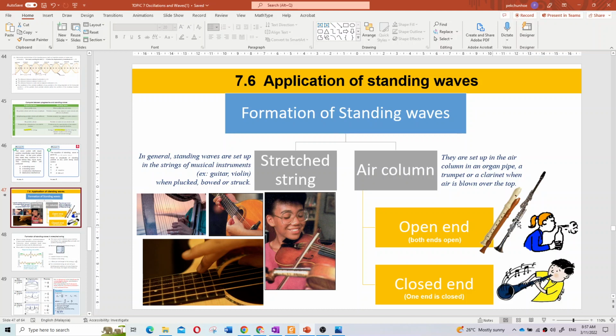So for a closed pipe you must blow the end. For an open pipe you also must blow at one end. A flute has open ends, you blow at one end, so it starts to vibrate.